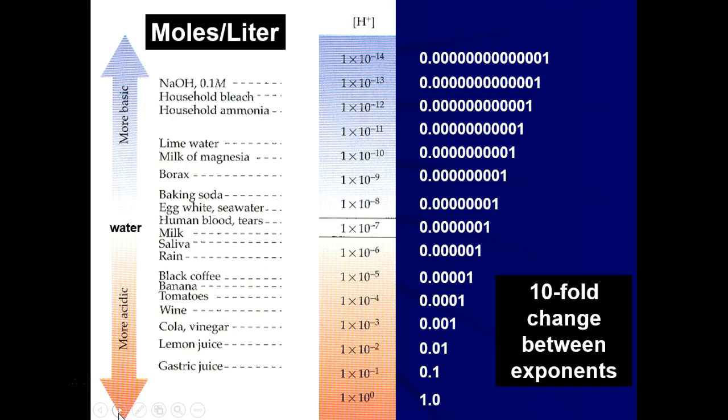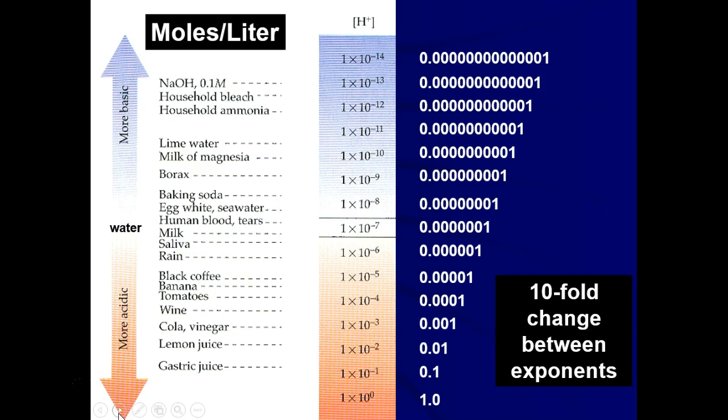If we go clear up to, let's say, sodium hydroxide at 10 to the minus 13, if we count, 10 to the minus 8 is 10, to minus 9 would be 100, to minus 10 would be 1,000, to minus 11 would be 10,000, to minus 12 would be 100,000, to minus 13, that's 1,000,000.